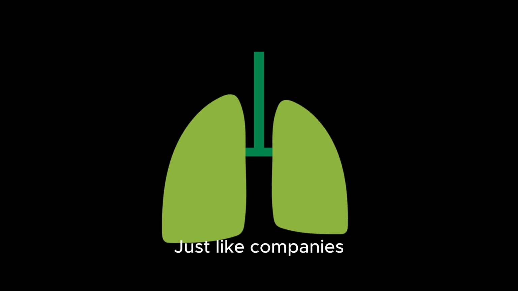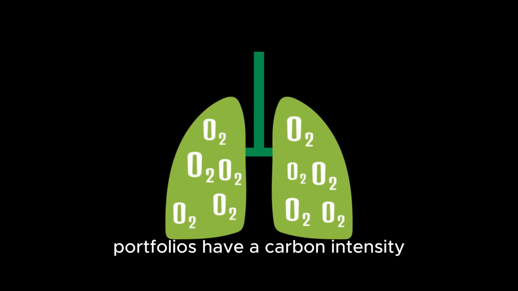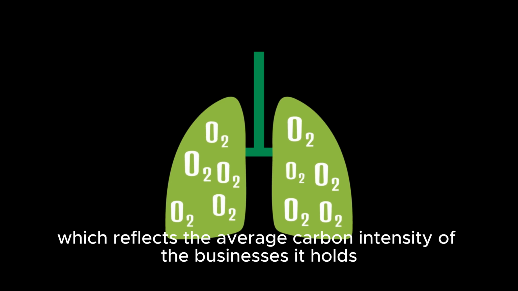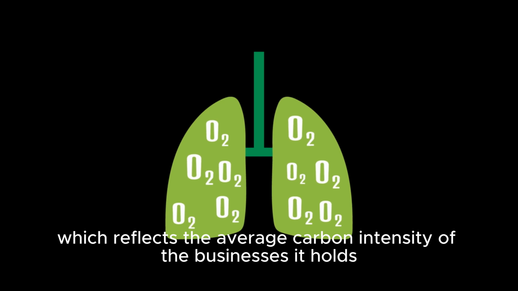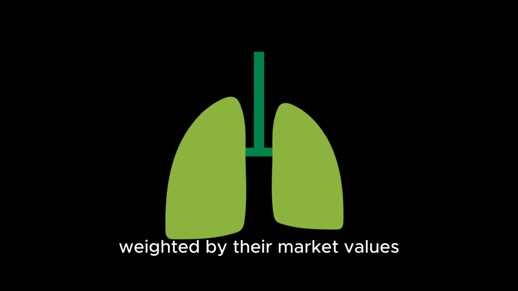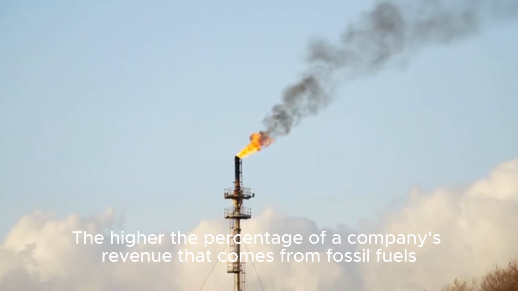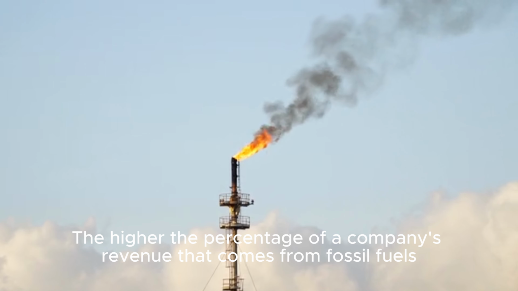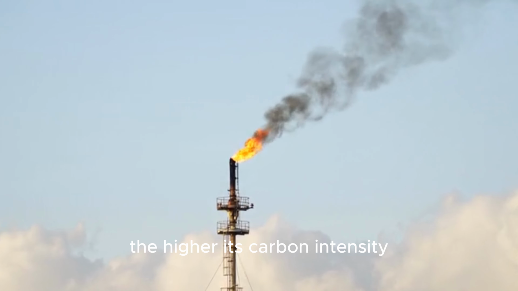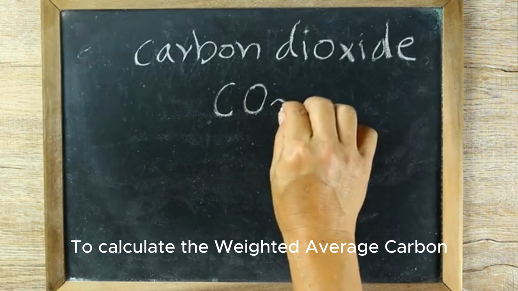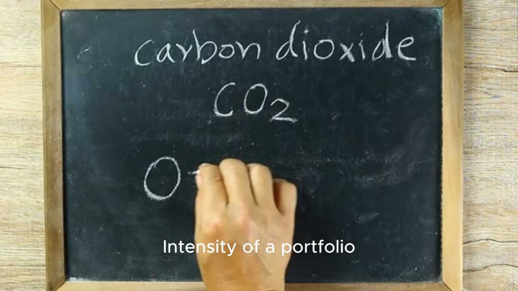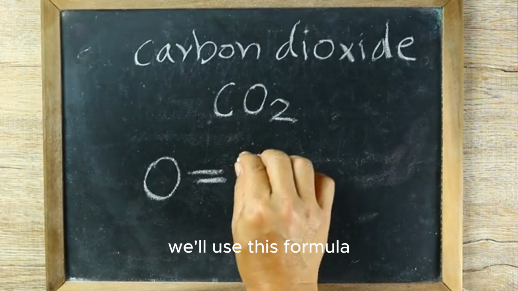Just like companies, portfolios have a carbon intensity which reflects the average carbon intensity of the businesses it holds, weighted by their market values. The higher the percentage of a company's revenue that comes from fossil fuels, the higher its carbon intensity. To calculate the weighted average carbon intensity of a portfolio, we'll use this formula.